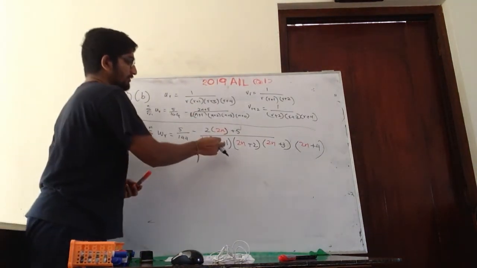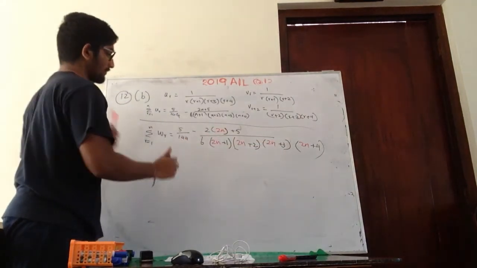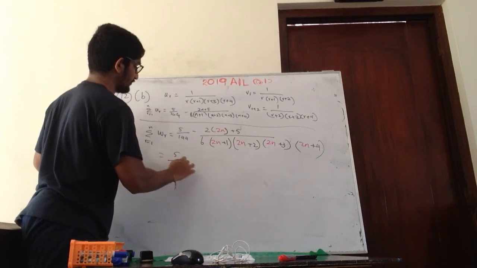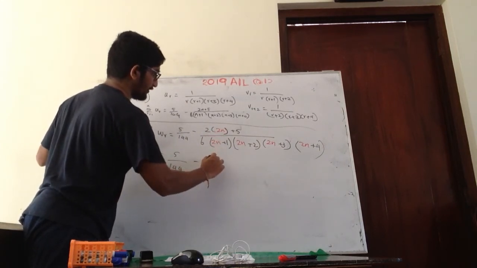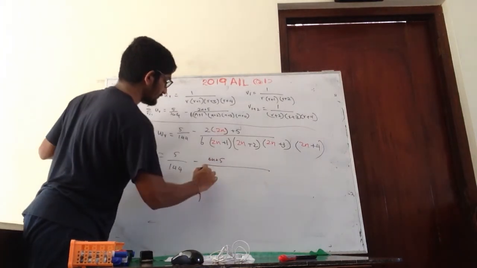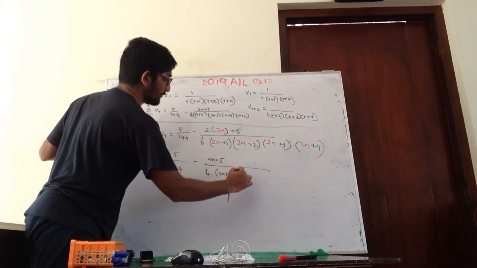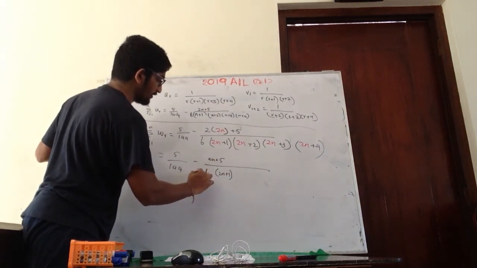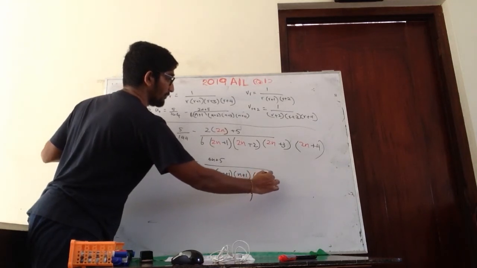So afterwards, I take 2 out from these. Then I'll get 5 over 144, this is going to be 4n plus 5, 6, 2n plus 1. I'm going to take 2 out from here, so I'll have a multiplication here, n plus 1, 2n plus 3.